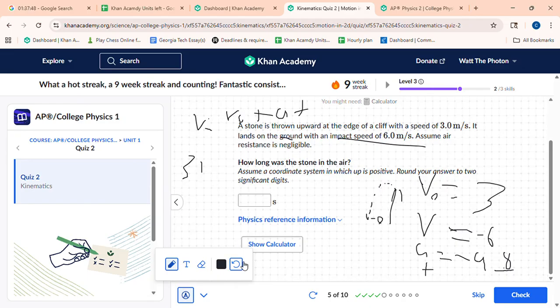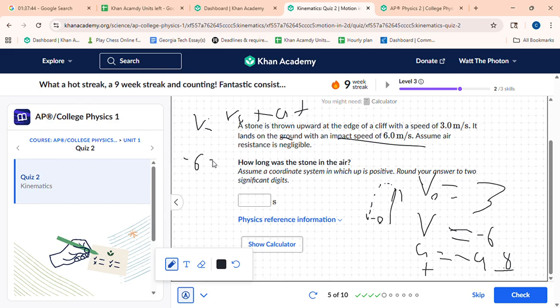Or no, -6 equals 3 plus 9.8 t, subtract 3, -9, divided by 9.8. Let's put that as a positive because you can't have a negative time.